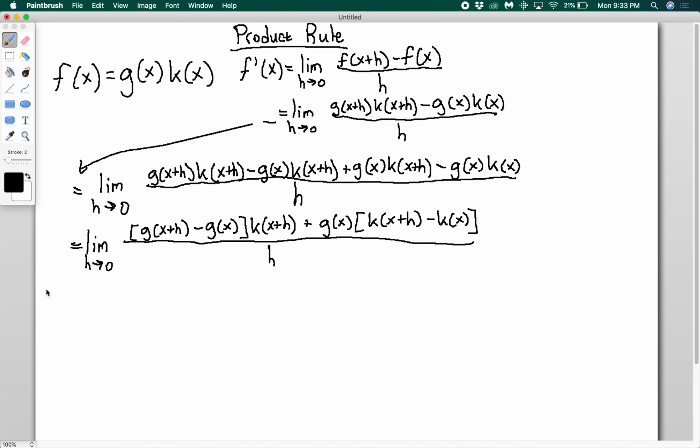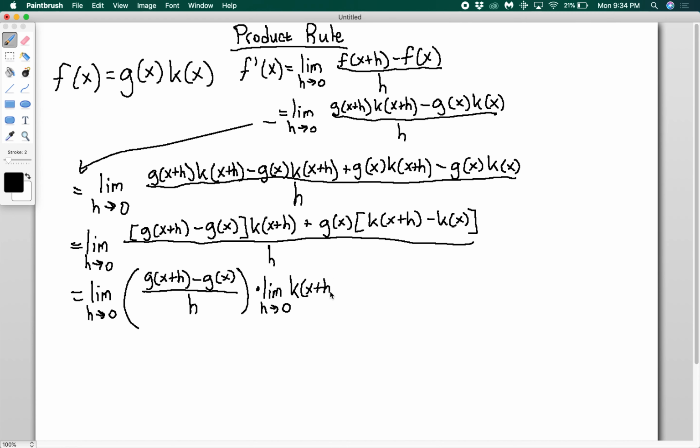Okay, so from here, I'm going to split this up using my limit properties. My first piece is the limit as h goes to 0 of g of x plus h minus g of x divided by h. I'm going to multiply that by the limit as h goes to 0 of k of x plus h.